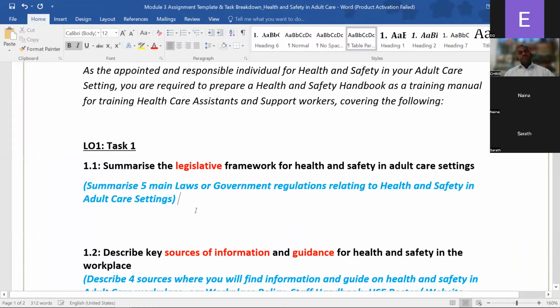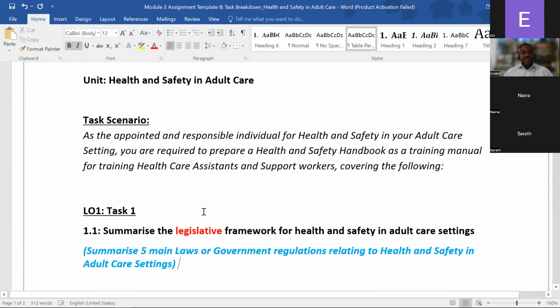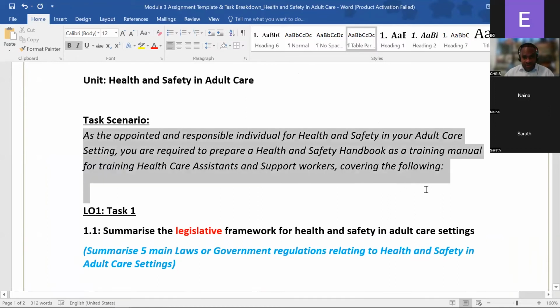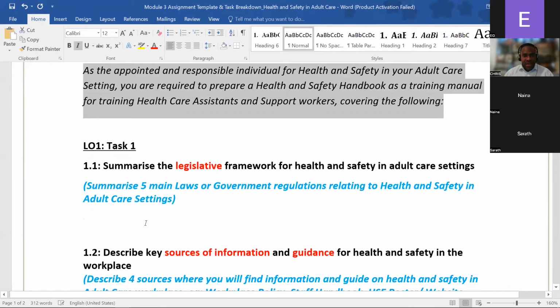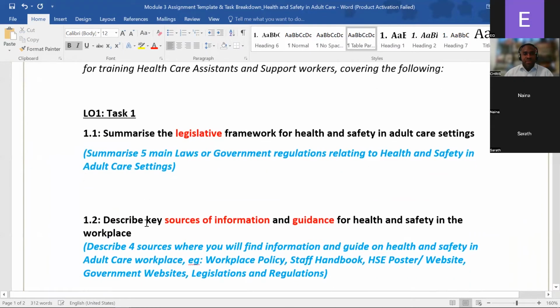No, there will not be a different format. That's a very good question. Thank you, Nina, for asking. That is just the scenario, so that the information you put here will be used to prepare the training manual. But in doing your assignment, we will just require you to answer the questions below under the question, just on the template like this. That's fine.